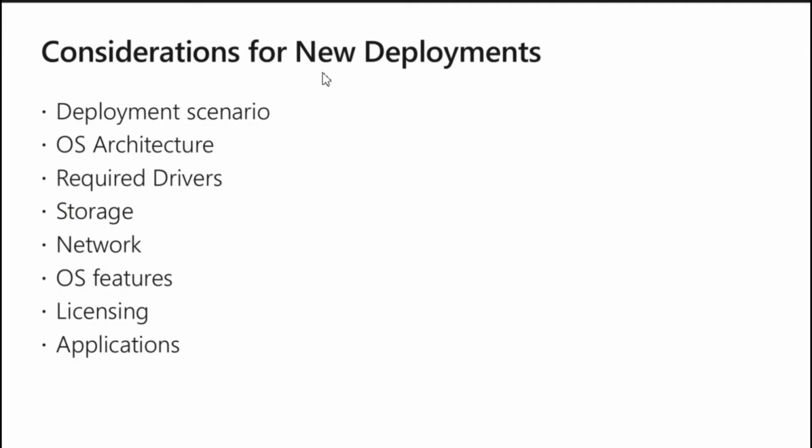Considerations for new deployments: we need to understand the deployment scenario. For example, whether it is only a few computers, whether you install on physical devices or create virtual machines. So the deployment scenario is important. Then operating system architecture and required drivers. What drivers are required?